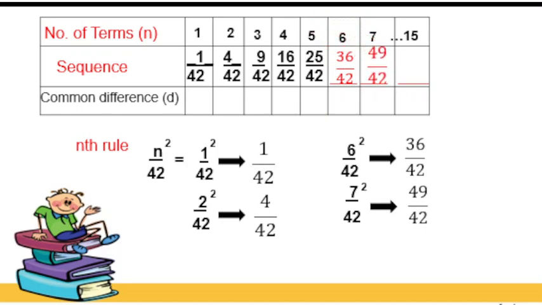And for the 15th term, so that is 15 squared over 42. So therefore, the 15th term is equivalent to 225 over 42.